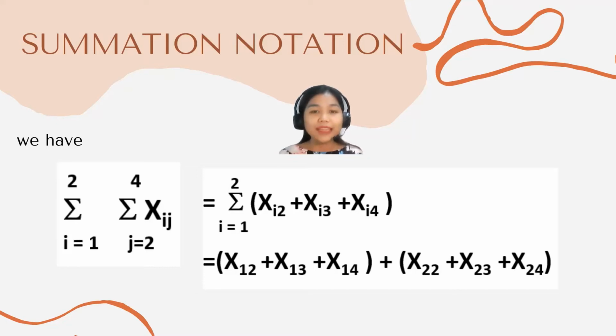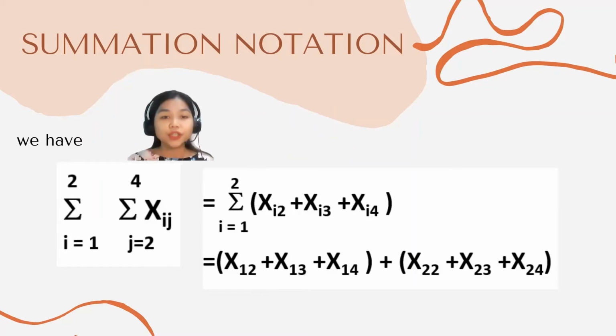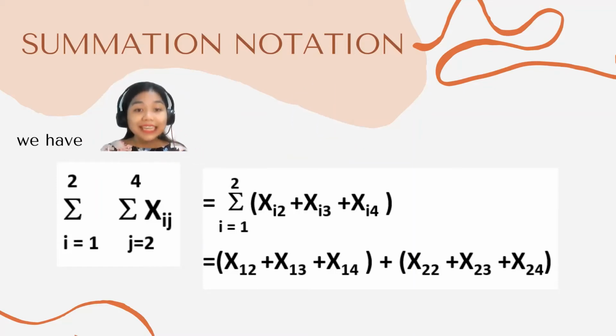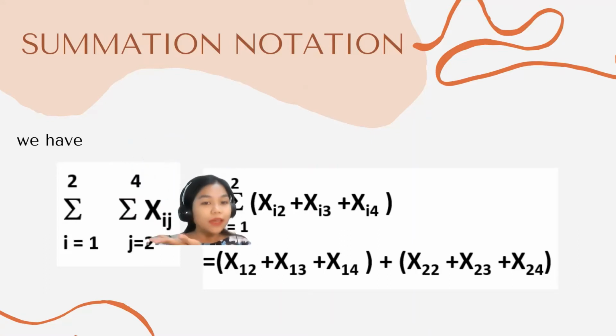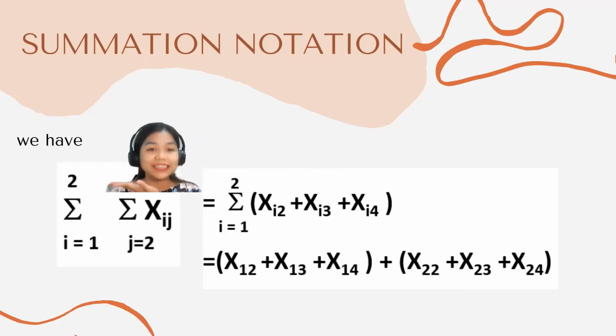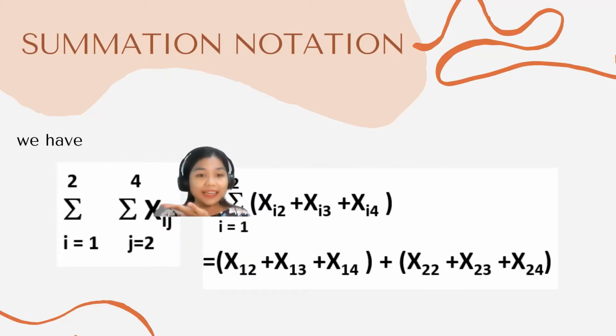So, to evaluate this, the very first thing to do upon seeing a double summation notation is for you to treat each notation separately. To treat these notations having two entities. Ano po? So, ito pong summation notation na ito, ang una natin i-treat. Ito po yung nasa ating kanan. Okay.